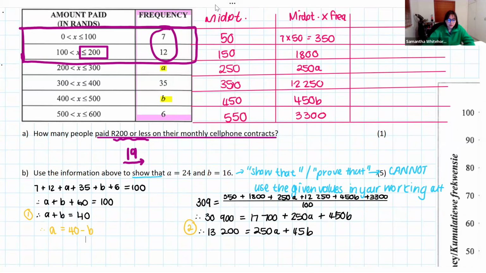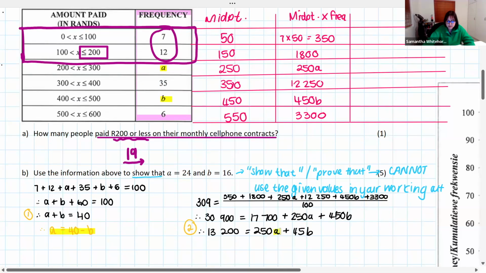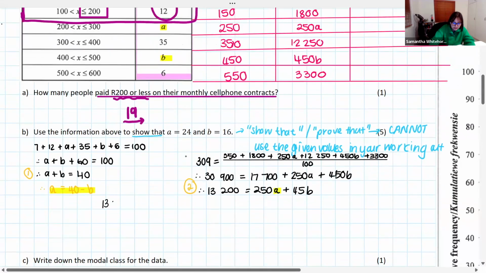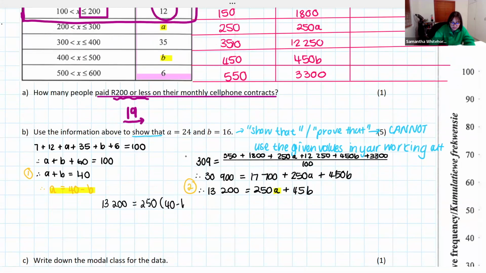Now, we know that what that means is I can take that value for A and substitute it into my second equation in place of A. So that means I've now got 13,200 is equal to 250 times (40 minus B), plus 450B.